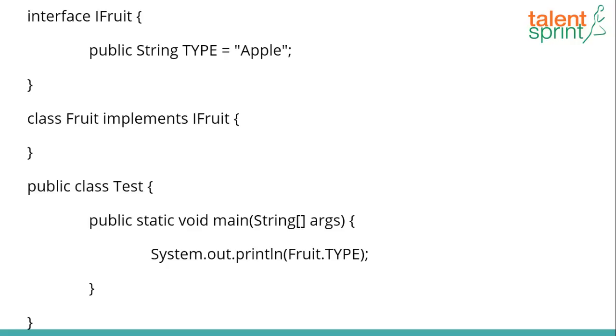No main method in program. Sagar, there is a main method in the program, public static void main, inside which we have a line that has system.out.println. Apple, apple, error, apple, error, apple.